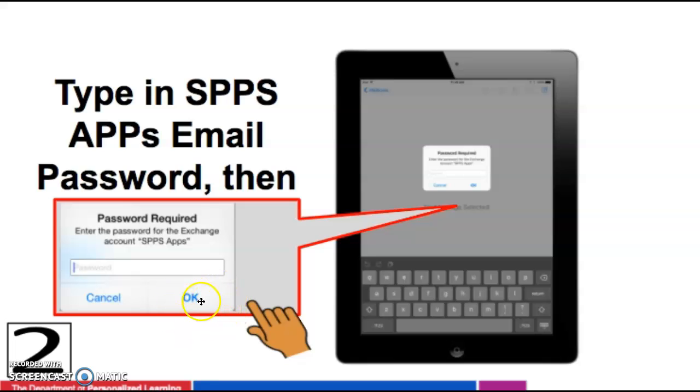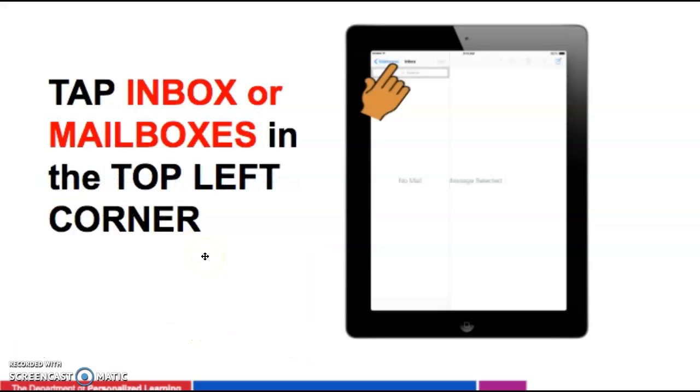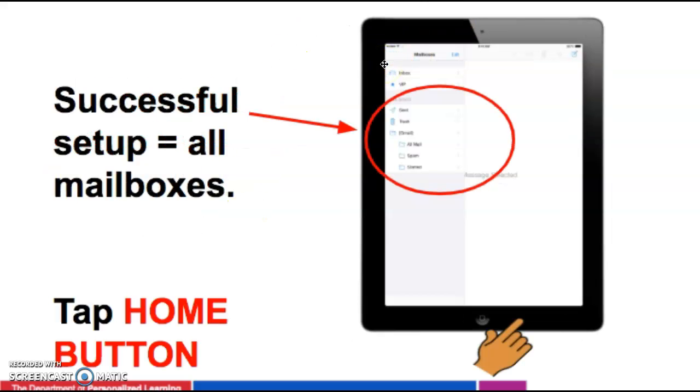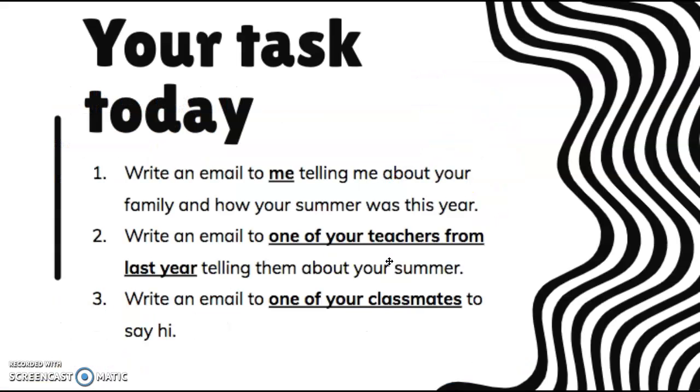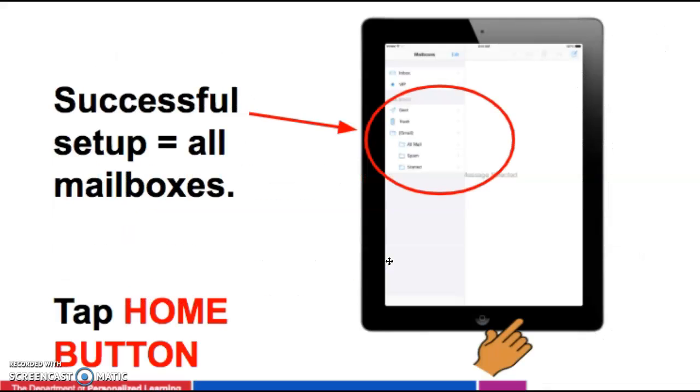Then you are going to tap Inbox or Mailboxes in the top left corner right here. You will know you've been successful when you see all of the mailboxes right here on the left hand side. Then you'll be able to tap home and you will be all ready to go.